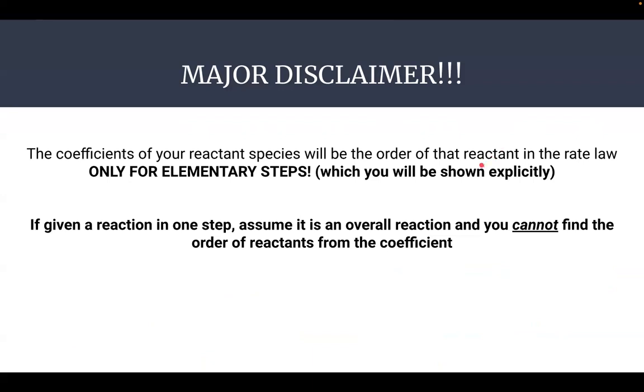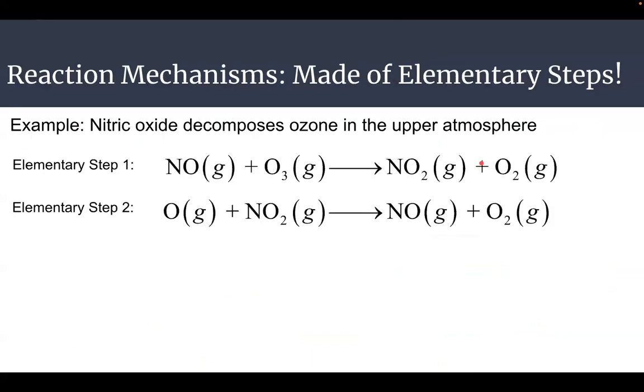So last conceptual piece of information. Here we have a new reaction mechanism showing that nitric oxide decomposes ozone in the upper atmosphere. We have two elementary steps here. We're told specifically that in elementary step number 1, we have NO and O3, and it reacts to form NO2 and O2.